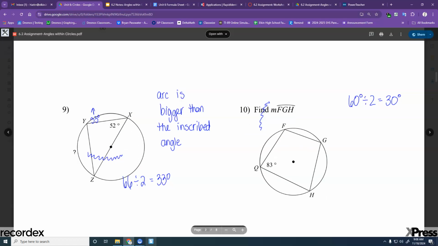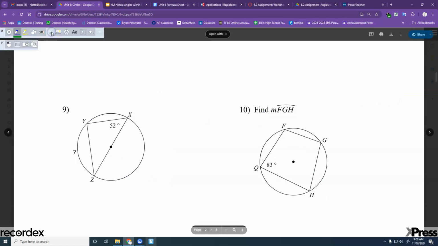Let's go down. We're going to look at 9 and 10, and then I'm not going to do the last couple just yet because not everybody's gotten there. So for this one, if you have a highlighter, it's a really good idea. And if you don't, you can come up here and get one. To highlight the edges of that angle right there. So if you highlight the edges of that angle, the arc that goes with it is the arc in between.